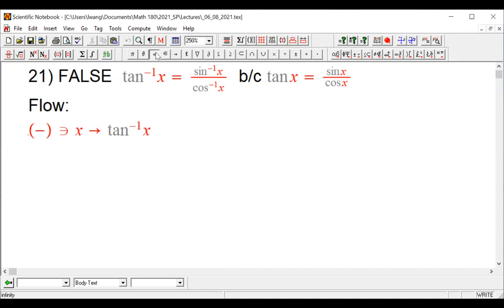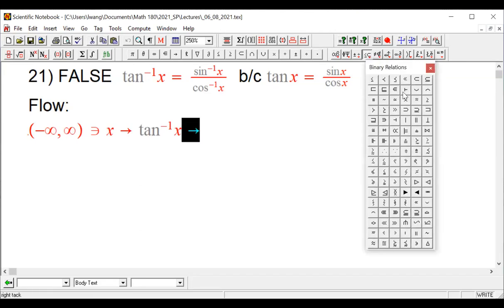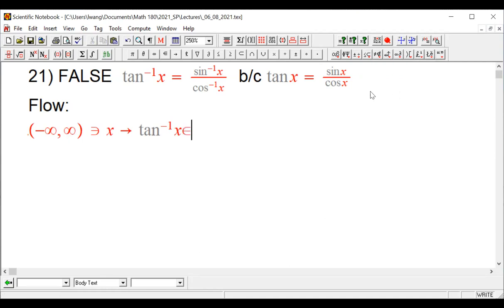You should be pretty familiar with the domain and range for tangent inverse and what comes out. This is going to be an angle. What is the range? The range will be from negative pi over 2 to positive pi over 2, exclusive.